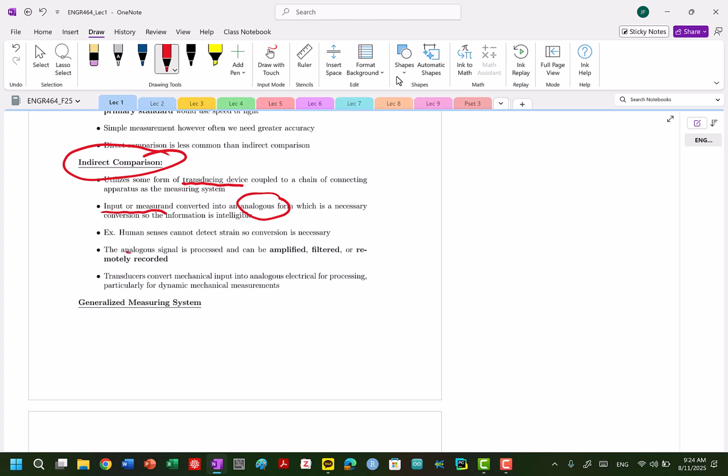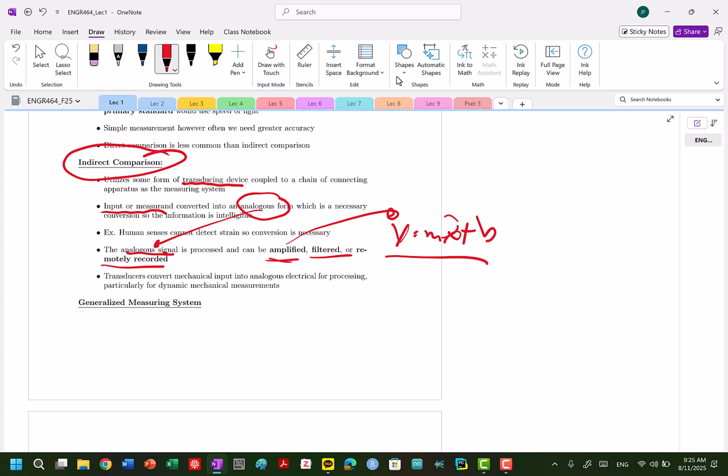Typically this analogous signal is going to be amplified, filtered, or remotely recorded, or there's some function, y equals mx plus b, that converts the signal. If I'm doing amplification, filtering, or any math, that is part of this signal processing step.